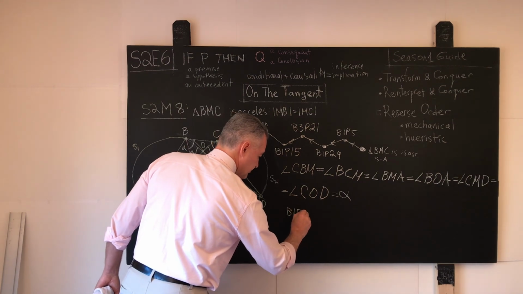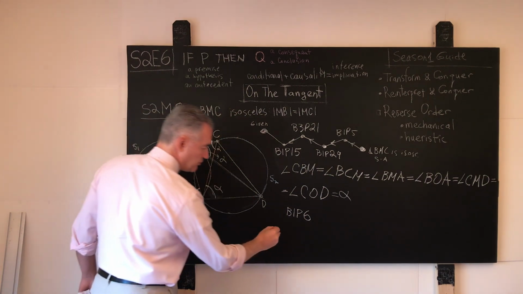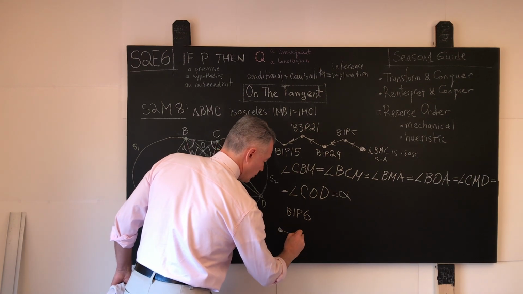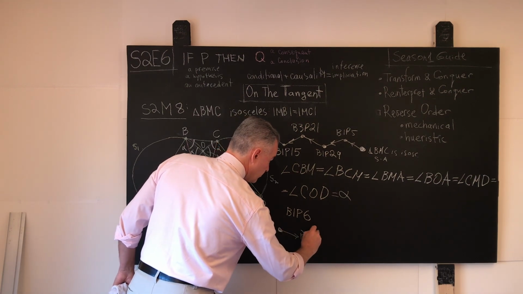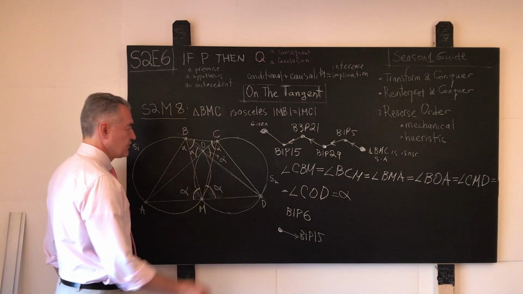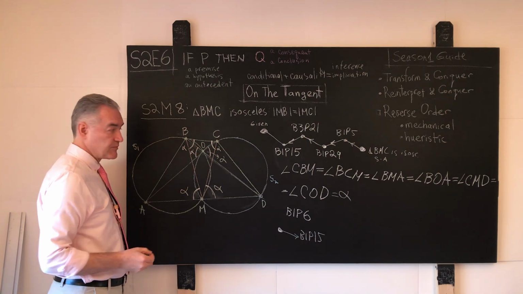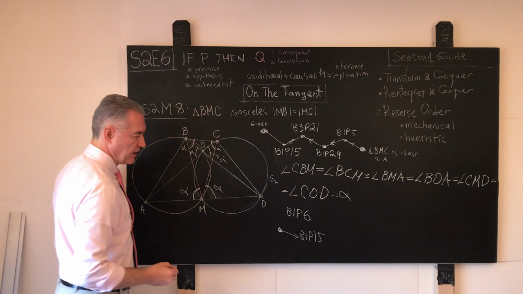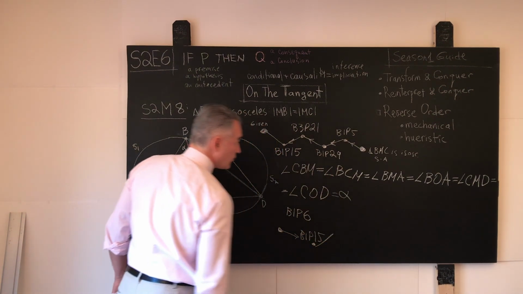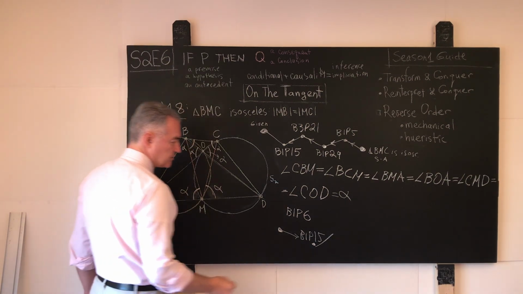So your forward flow of causality will be from what is given. Then you will invoke Book 1, Proposition 15, the proposition that says something interesting about the magnitudes of the vertical angles. Then from Book 1, Proposition 15, you will use the angles in the same segment.